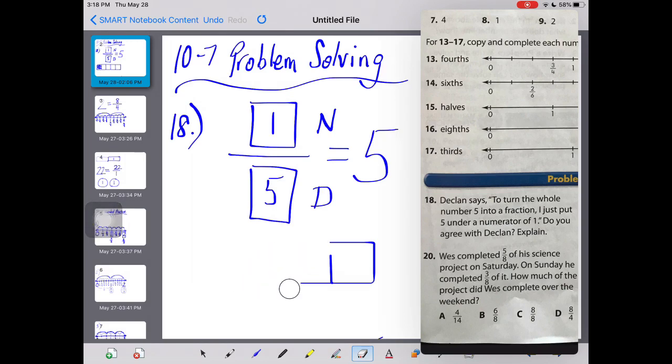I think what Declan did was he misunderstood numerator and denominator, and what he should have said is, I put 1 under the numerator of 5, right?